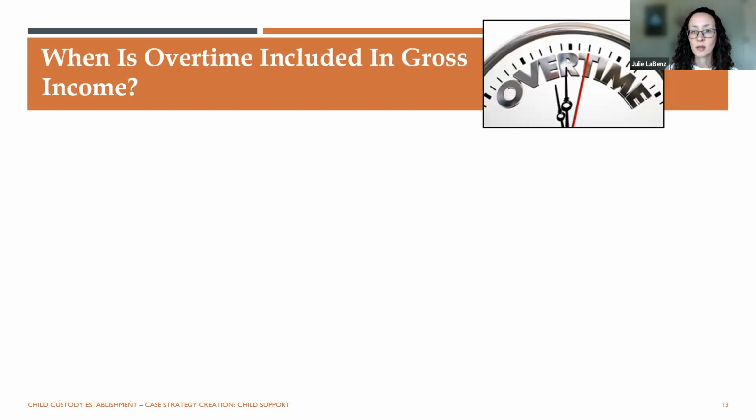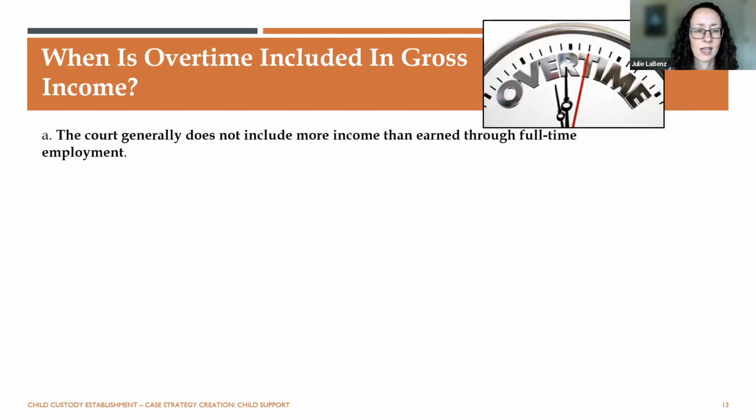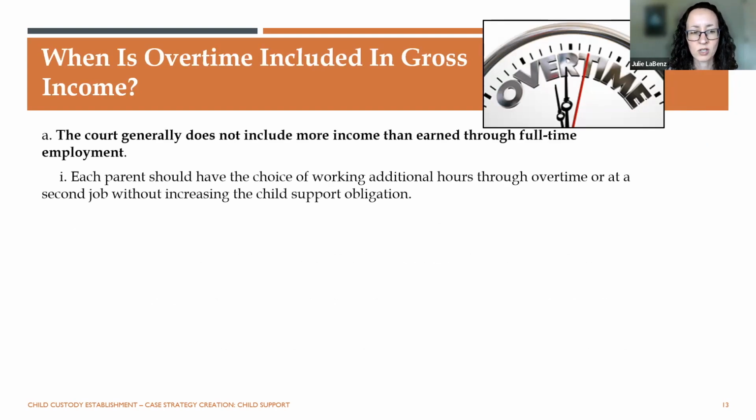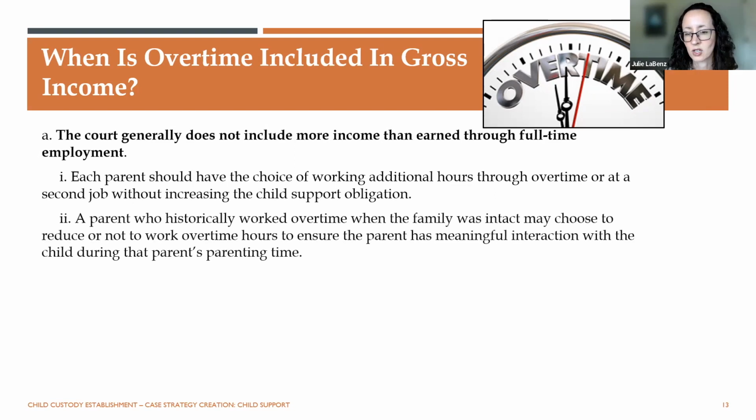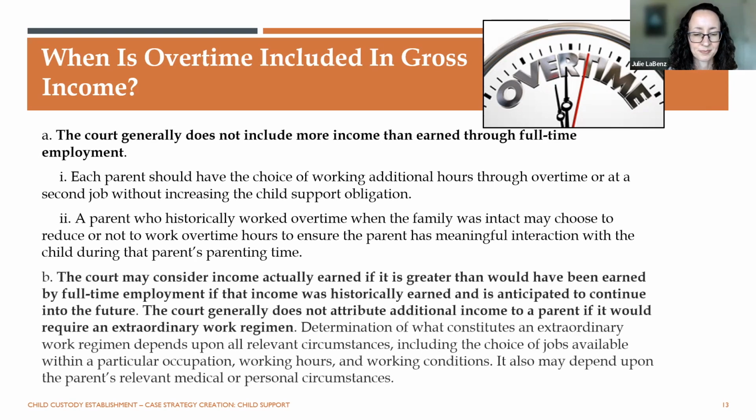When is overtime included in gross income? Generally, the court doesn't include it, but it could be included if there's a history of doing that. So the court may consider income actually earned if it is greater than would have been earned by full-time employment, if that income was historically earned and is anticipated to continue. The court generally does not attribute additional income to a parent if it would require an extraordinary work regimen.